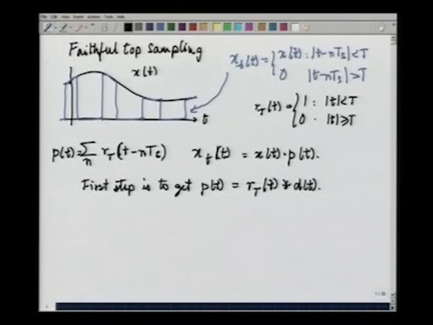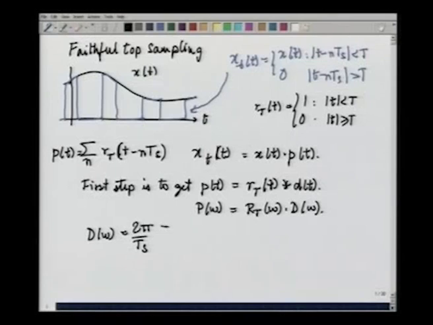which means of course that p omega will be equal to r t of omega multiplied by d of omega. Now, let us go back and recall for the nth time what is d of omega. D omega was 2 pi by T s summation over k delta omega minus k 2 pi by T s.